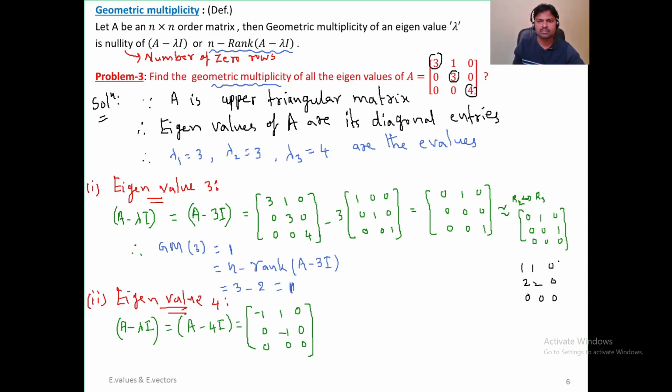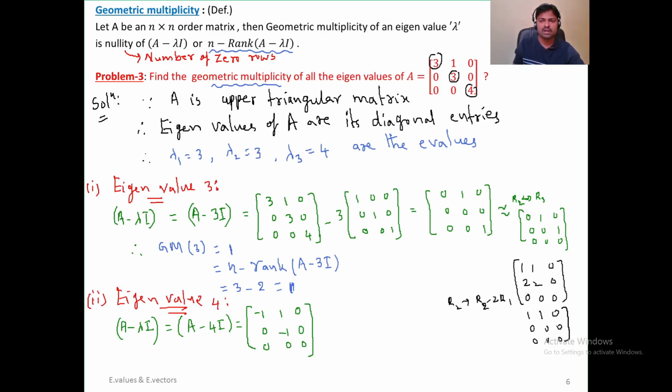Don't think that the number of 0 rows is 1, so therefore nullity is 1, therefore the multiplicity is 1. That is wrong. Look at the second row, you can make it 0. How? R2 is modified as R2 minus 2 times R1. If you apply this row operation, it becomes 1, 1, 0, 0, 0, 0, 0, 0, 0.